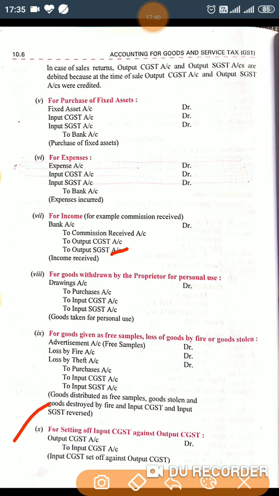For that, we will pass the journal entry: output CGST is showing credit balance, to be set off against the input CGST. For that, output CGST will be debited here, and input CGST will be credited. For setting off, journal entry will be output CGST account debited to input CGST.